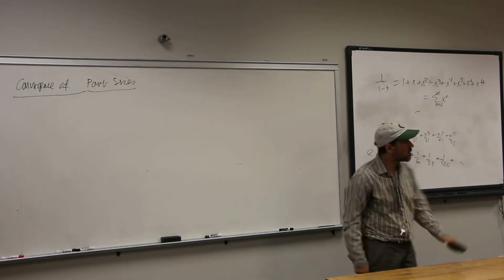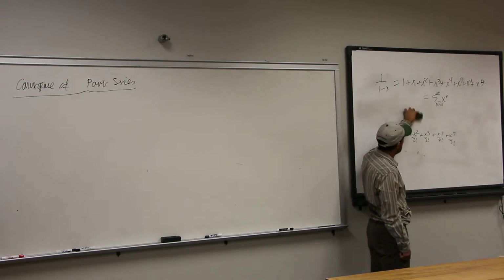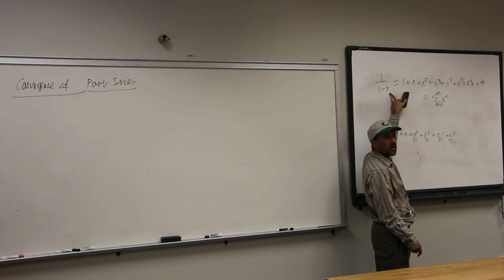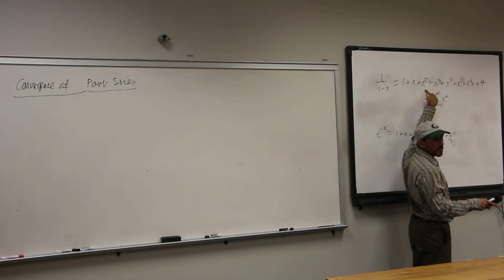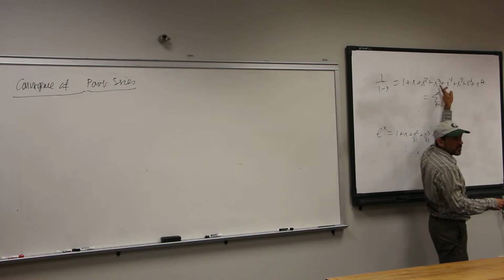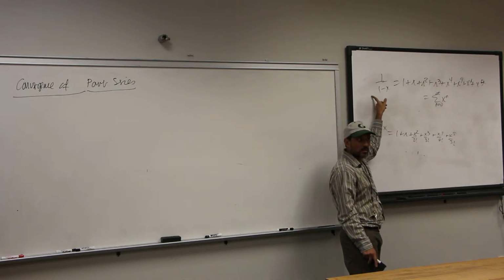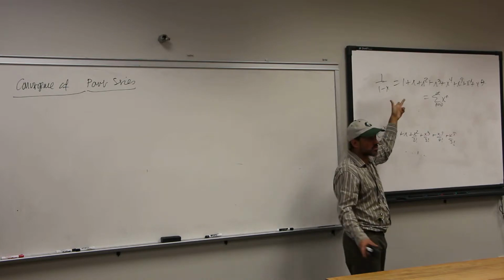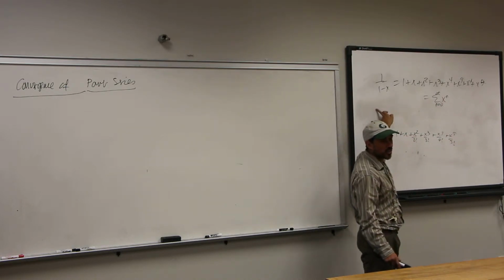I don't know. Well, this one here will certainly give you false. What if x is equal to 1? 1 plus 1 plus 1 plus 1, 4. Is it going to converge to what? You put x equal to 1 here, so this is rubbish already. No matter how many terms you go, this is not going to converge for x equal to 1.